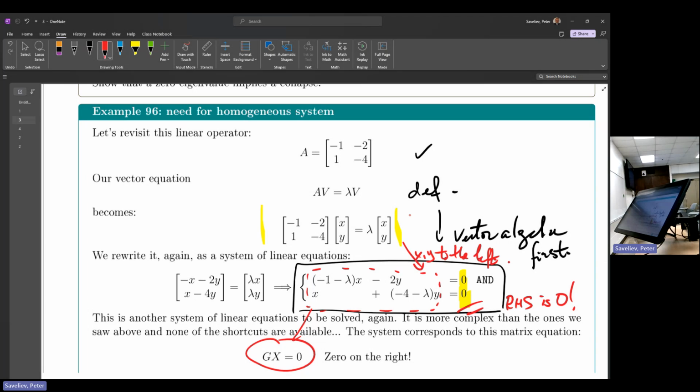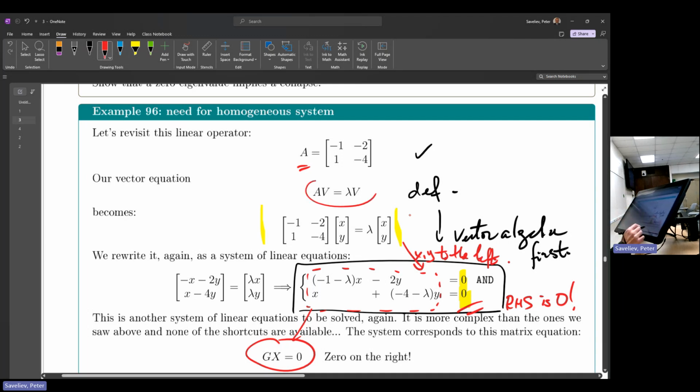So we are looking for those x's that are taken by G, this linear operator, and not F, so not A, taken to 0. In other words, it is literally which vector is being collapsed to zero. The analysis is simpler than the analysis of A itself, which is supposed to preserve this. This is the original analysis. So this is better and simpler than what we have done so far.